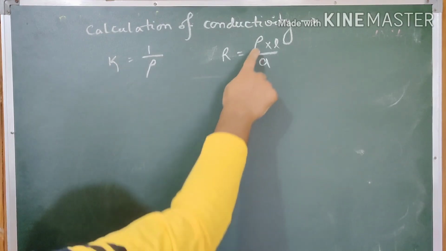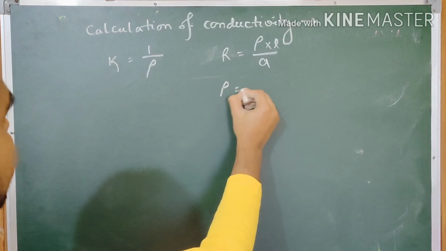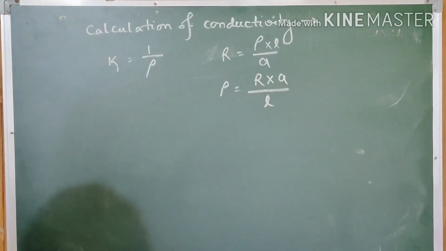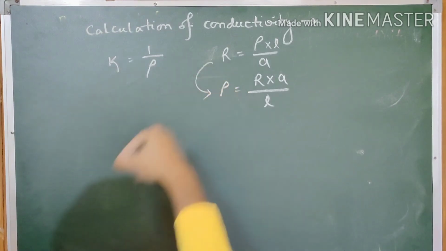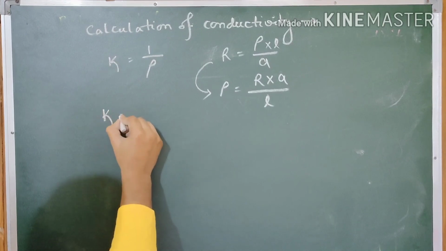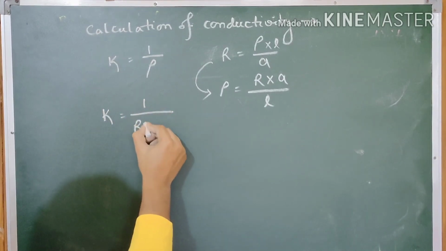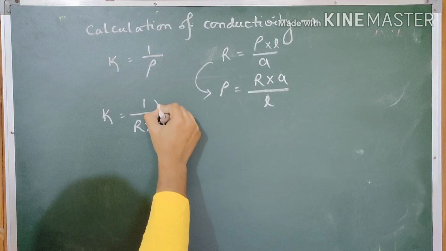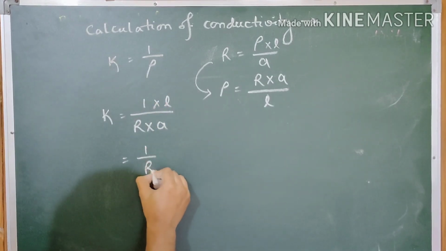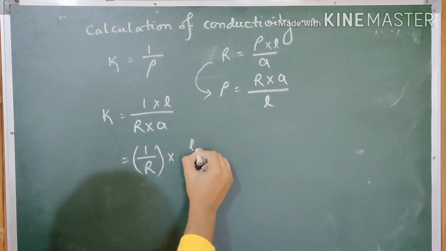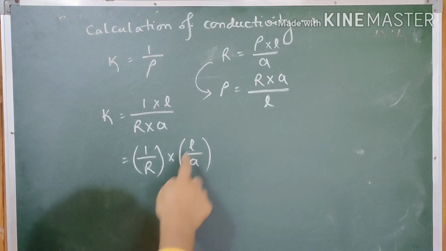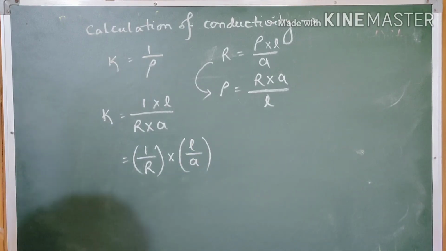Now from here only we can write that rho is equal to R into A by L. And if I put this formula here, it becomes kappa is equal to 1 by R into L by A. Remember, this is the ratio between length and the cross-sectional area.